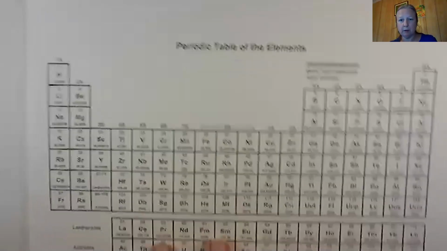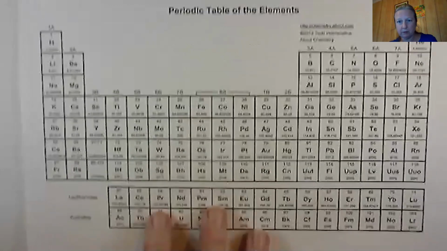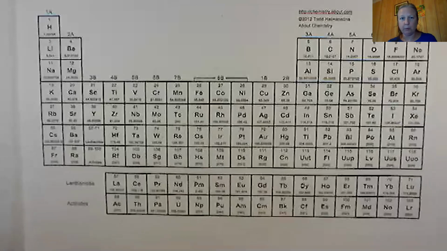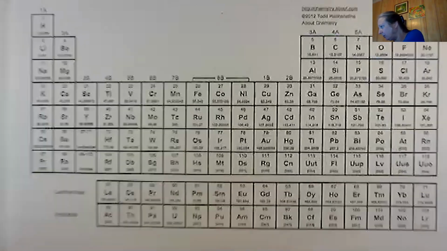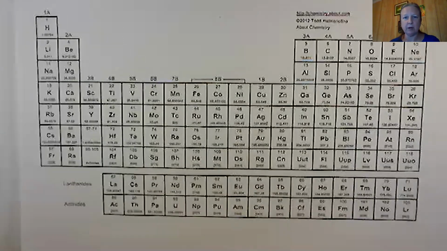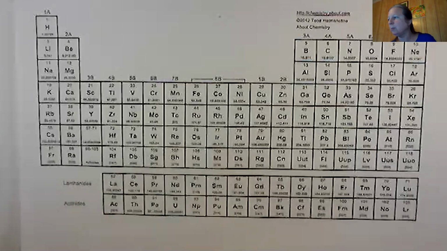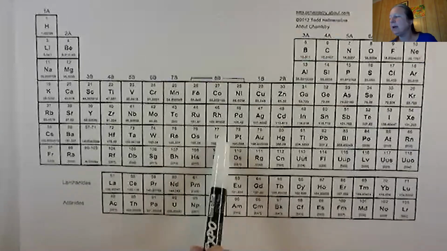So let's look at the periodic table. Hopefully it'll show up. All right. Not great, but you can always pull up yours in your book, or print out the one on Canvas. It is there now. All right. Anyways, these little blurry things are numbers. Those are the masses.